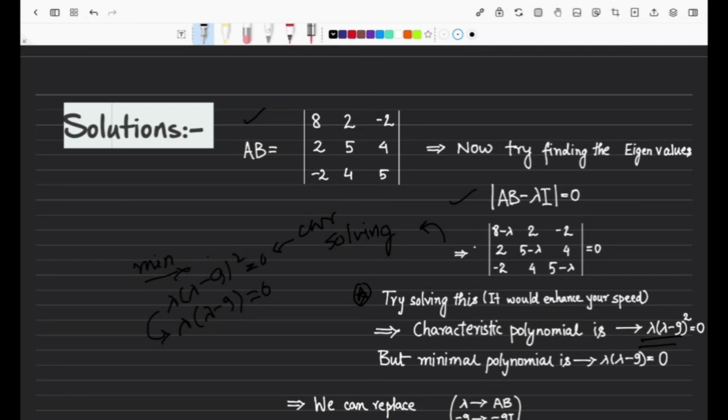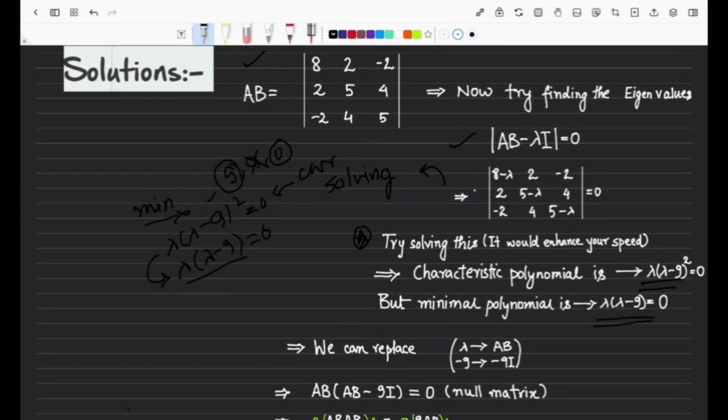If there are two roots of the same kind, like here it is 9, 9 and 0, these are the roots. So you omit one of the 9s and take only one 9 and the 0, and like that you make an equation, and that is the minimal polynomial. I hope you understand it, right? So that is what I have written: the minimal polynomial is lambda into lambda minus 9 equal to 0.